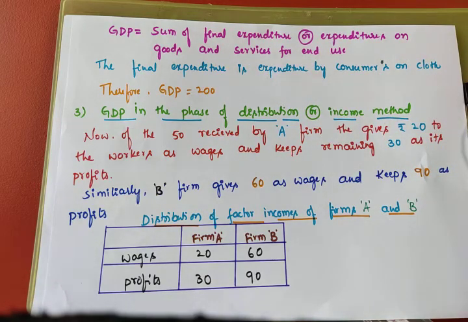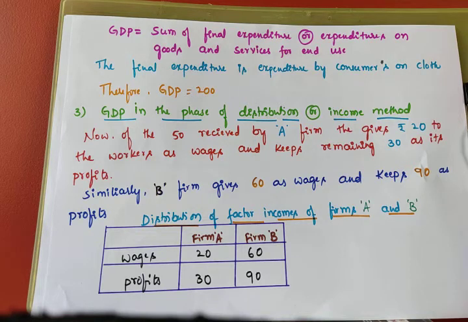So finally, on the purchase of goods and services, how much they are spent, that is only the final expenditure done for final use. The final expenditure is the expenditure by consumers on cloth. Therefore GDP equals 200. With the help of the example, 50 was firm A's expenditure and 150 was the expenditure done by firm B, so totally the final expenditure is rupees 200.